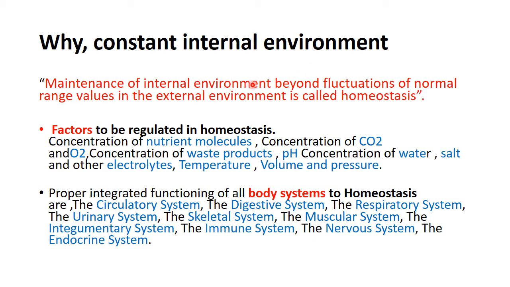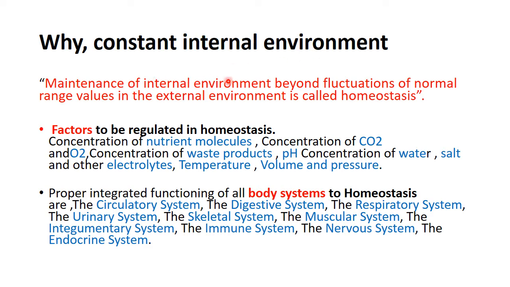The maintenance of the internal environment despite fluctuations beyond normal range values in the external environment is called homeostasis. So the first term is internal environment, which is formed by ECF, and the second is homeostasis. This is a very vast terminology.